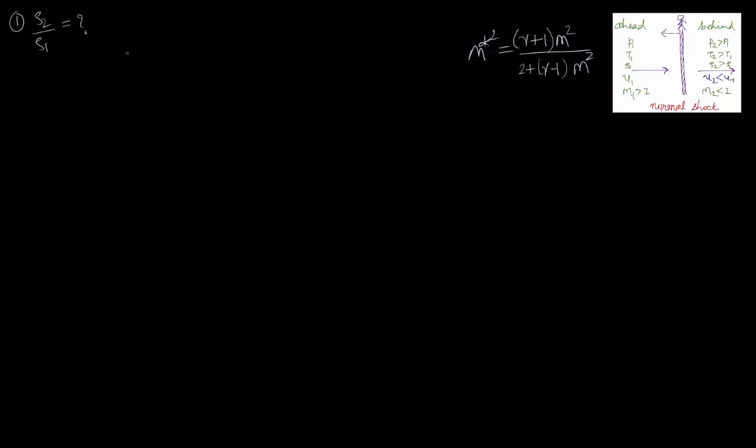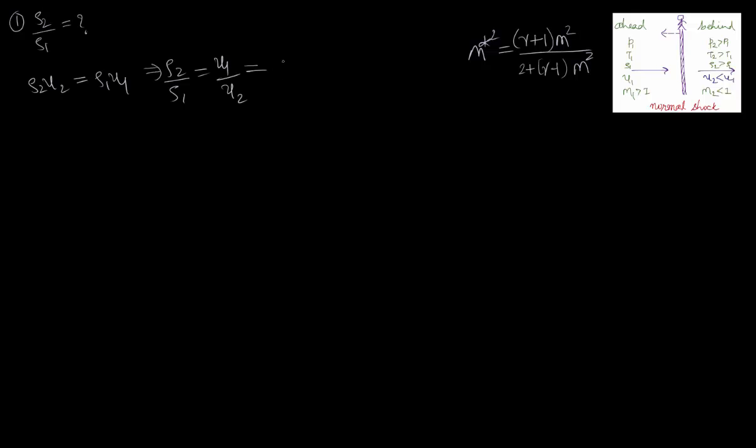Now we will determine different property ratios. First one is density ratio, ρ2 by ρ1. Now from continuity equation we know that ρ2 U2 equals ρ1 U1. So ρ2 by ρ1 is U1 by U2.